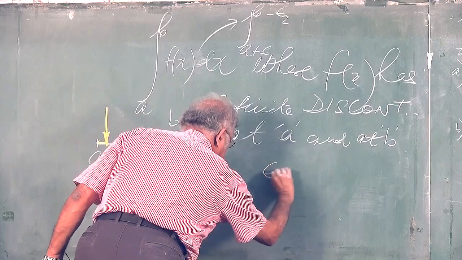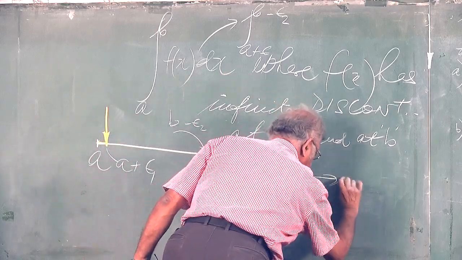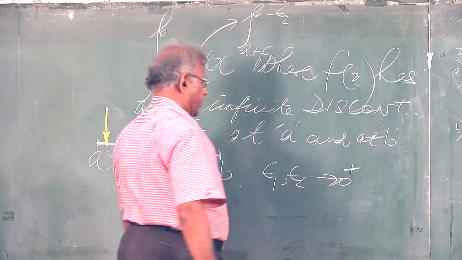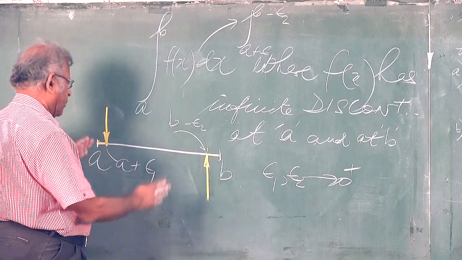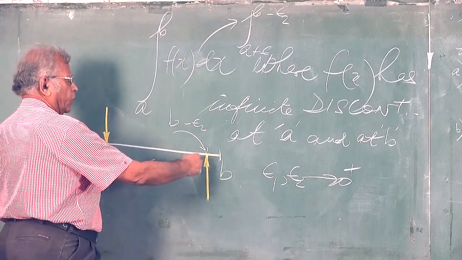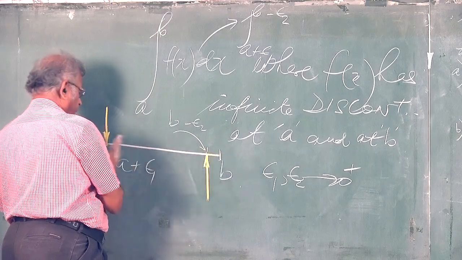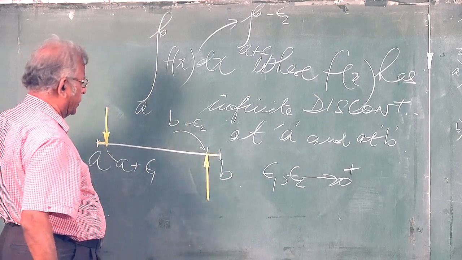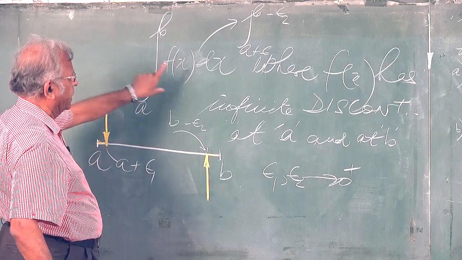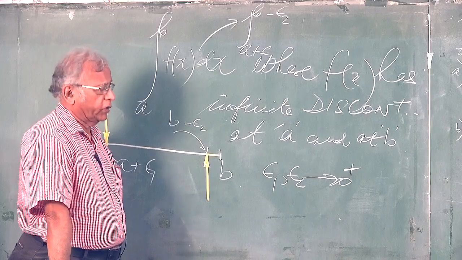Evidently, epsilon 1 and epsilon 2 tend to 0 from the positive side. So that guarantees that we are very much within the interval of integration and do not flow outside. That's very important. This process of attack guarantees that we are not leaving the interval of integration.